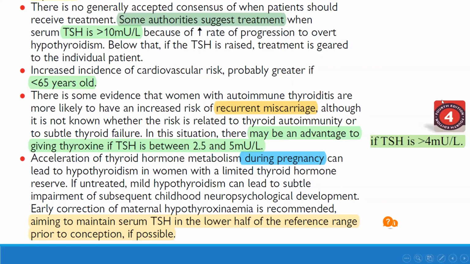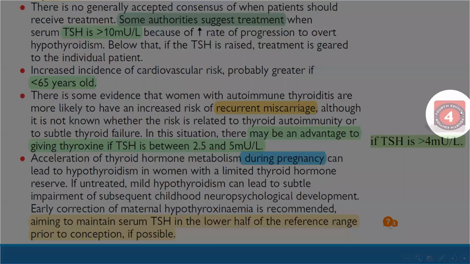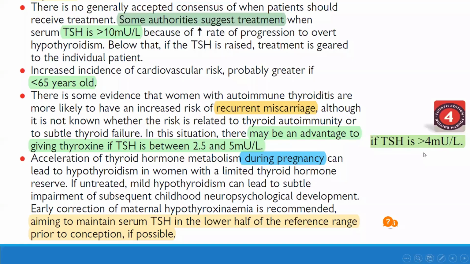And actually, in the fourth edition of the Oxford Handbook, they mention that we should treat if TSH is more than 4, not more than 2.5. So the reference range during the first trimester is different according to the latest guideline. The latest guidelines mention that TSH can be up to 4 during pregnancy.